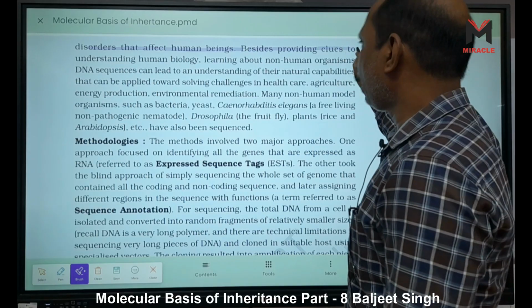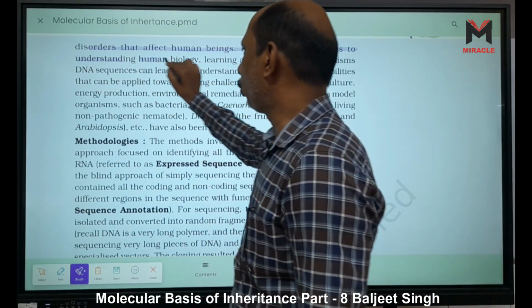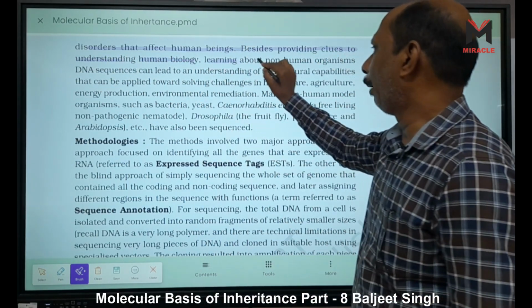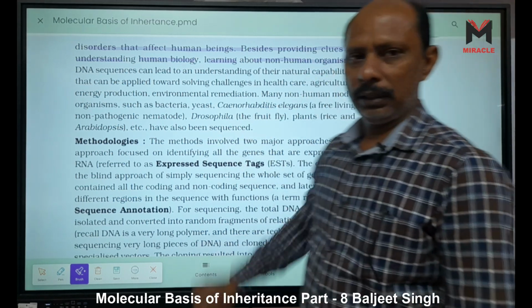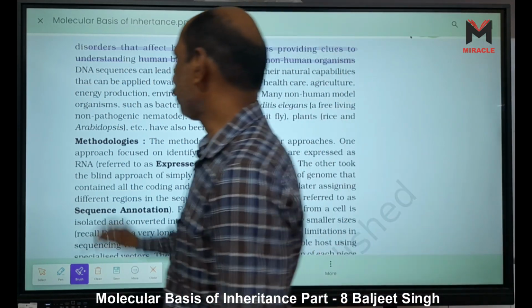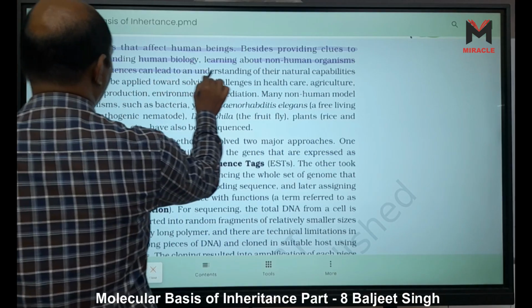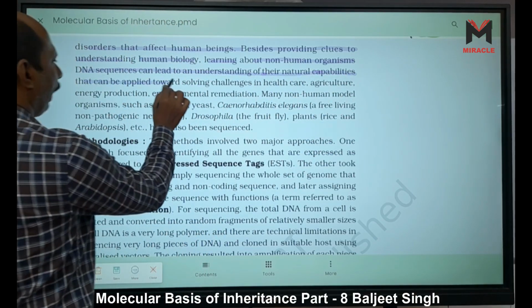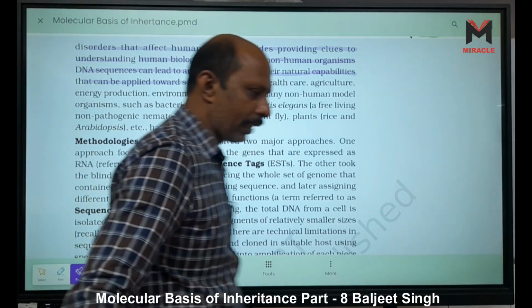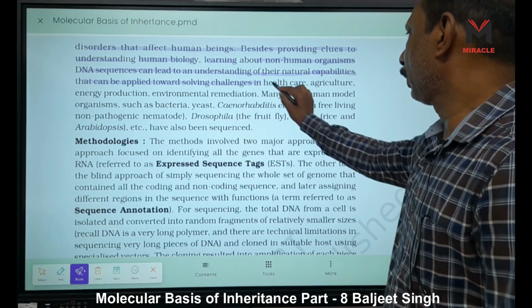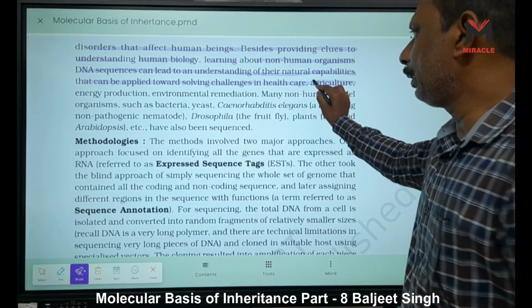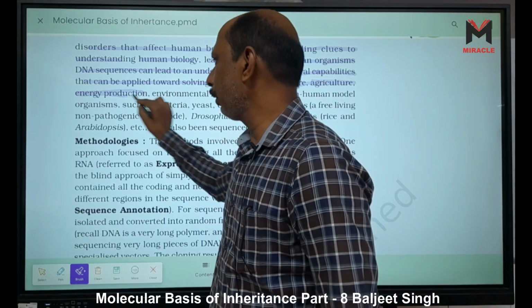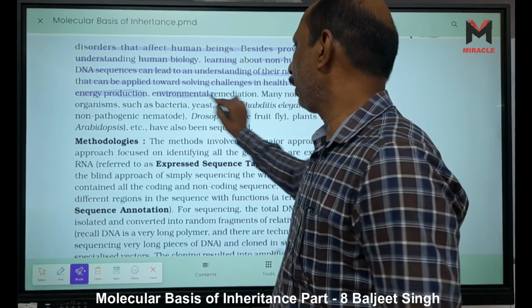Besides providing clues to understanding human biology, learning about non-human organisms' DNA sequences can lead to understanding their natural capabilities that can be applied toward solving challenges in health care, agriculture, energy production and environmental remediation.